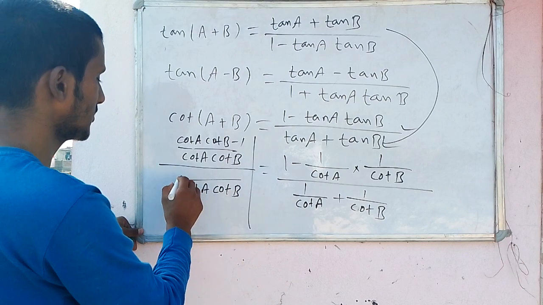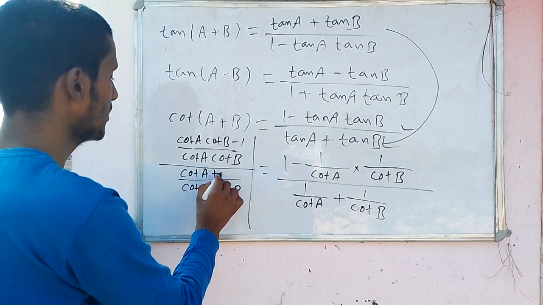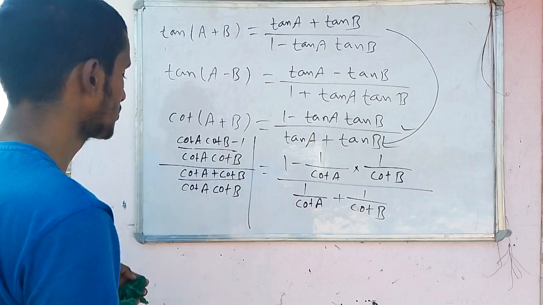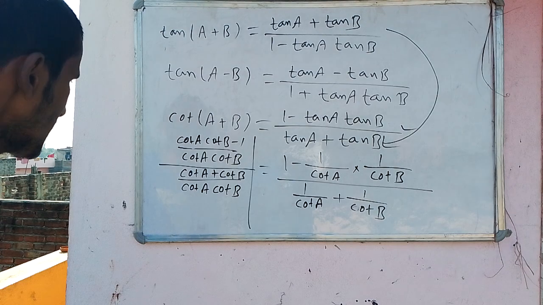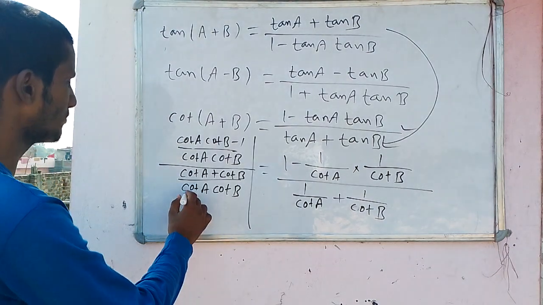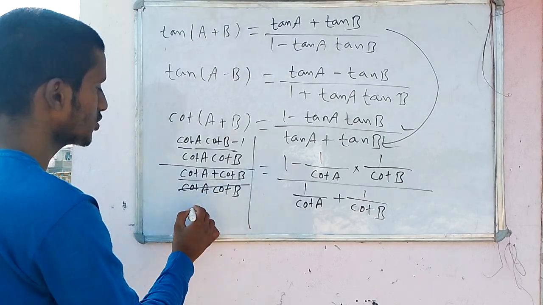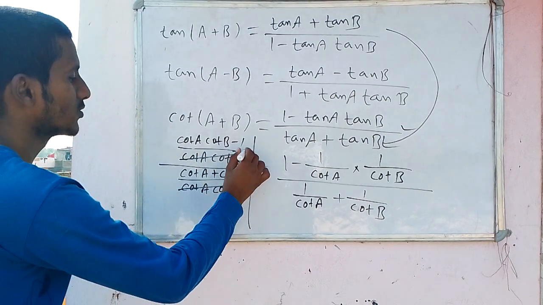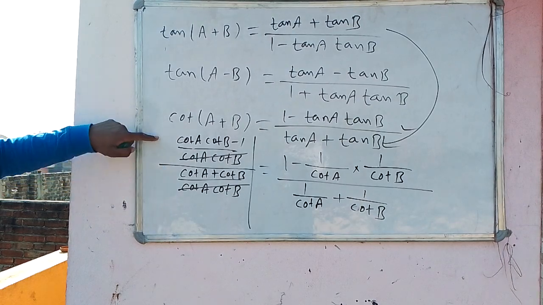And what you're going to have here is cotangent A plus cotangent B. So this is what it will be. And now we have at the bottom cotangent A, cotangent B. So this and this will be cancelled out because we have the same thing on the numerator and denominator.